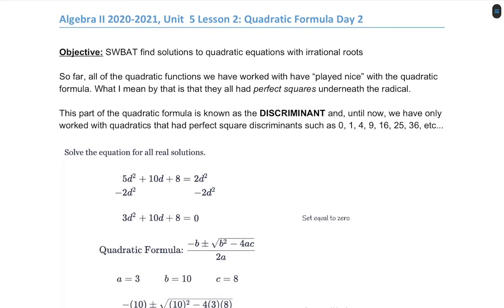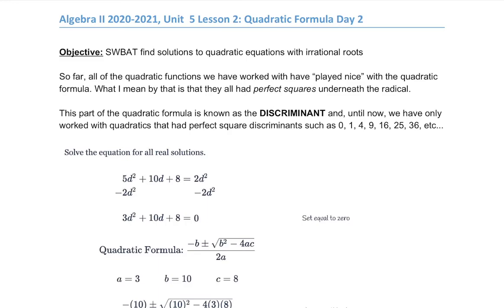Until now, that b squared minus 4ac part, the part that is under the radical, under the square root sign, which is known as the discriminant, has only been a perfect square. So 0, 1, 4, 9, 16, 25, 36, 49, 64, 81, 100, 121, etc., right?